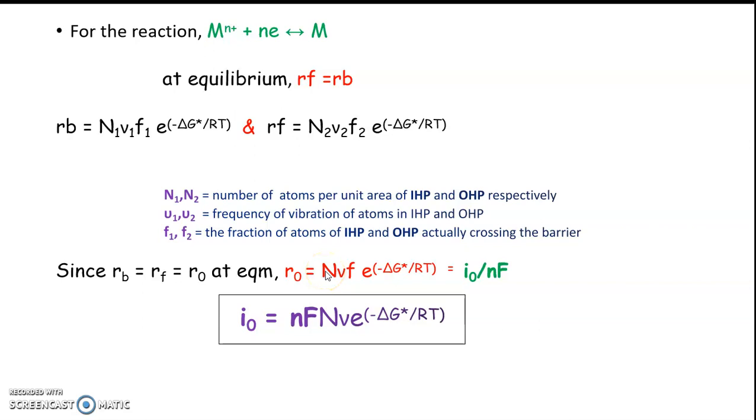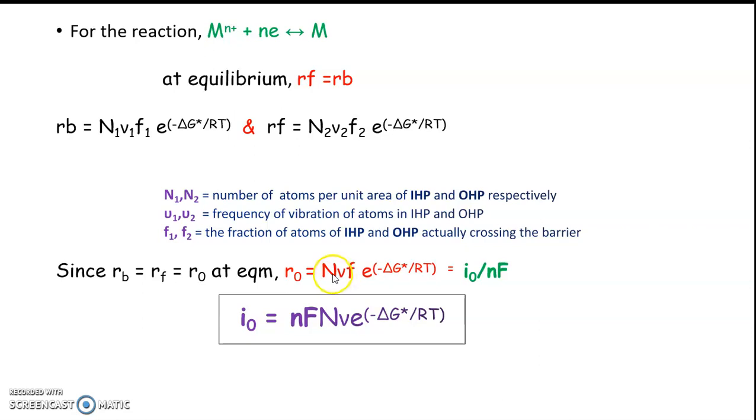We are also assuming that all the atoms cross the energy barrier. So the fractions F1 and F2 become equal to 1, equal to F, since almost all atoms cross the barrier. If we assume this, F is equal to 1 since it's a fraction.